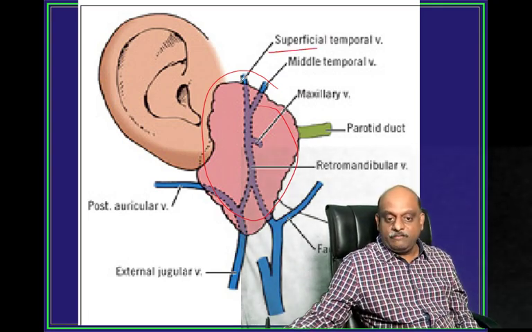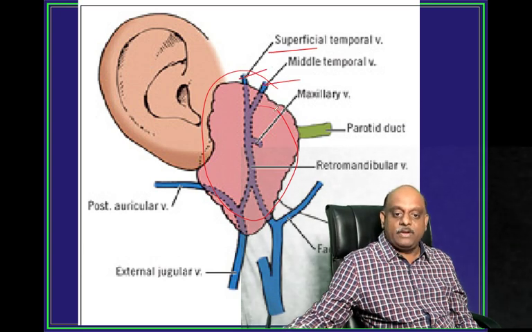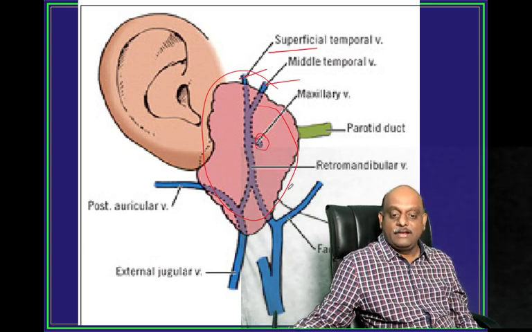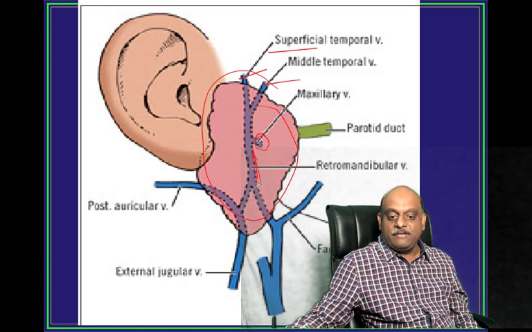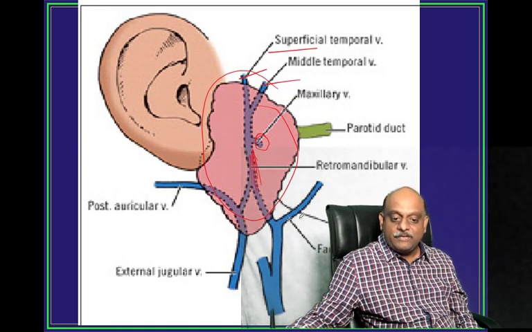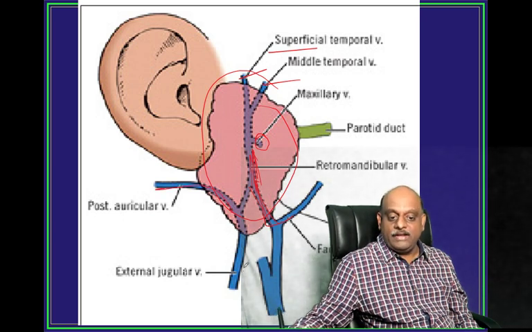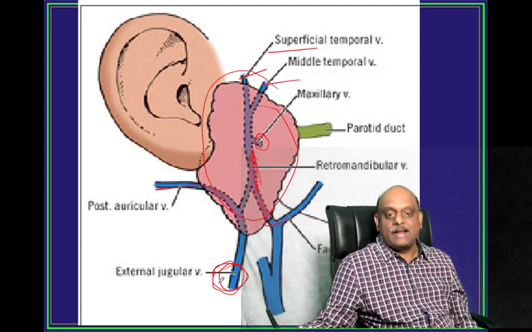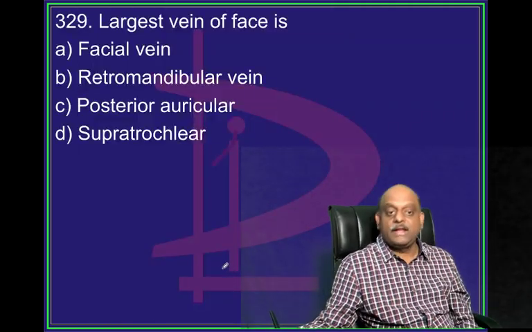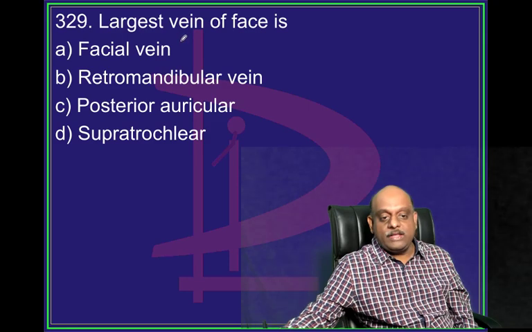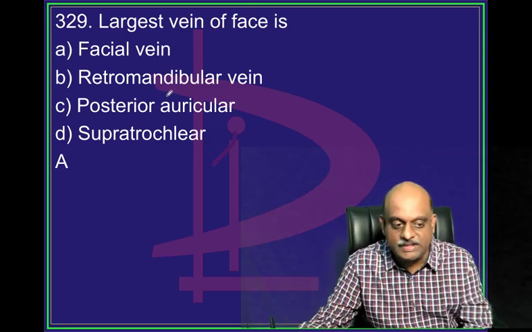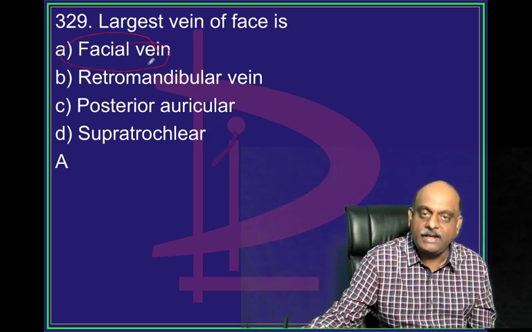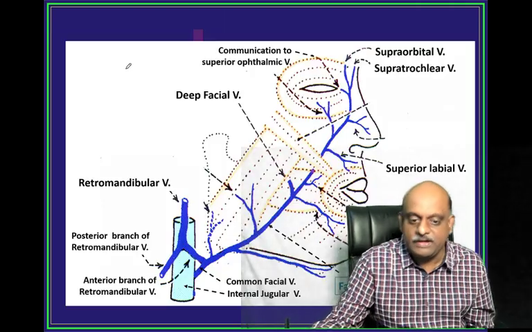So you have the superficial temporal, the middle temporal vein, this is the maxillary vein, this is the retromandibular vein, this is the facial vein, this is the posterior auricular vein, and this is the external jugular vein. This is the anatomical clarity which you need to clearly have. Now, what is the largest vein of the face is the examiner question. Facial vein is the largest vein of the face.